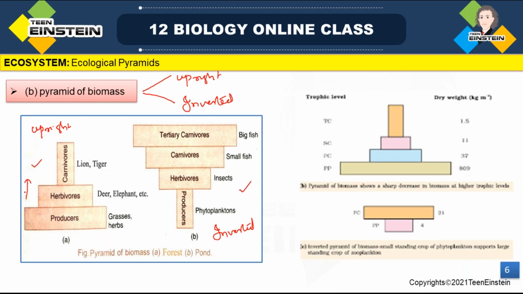So how will it be for the upright pyramid? The total biomass of producers or plants in a specific area will be more than that of primary consumers.